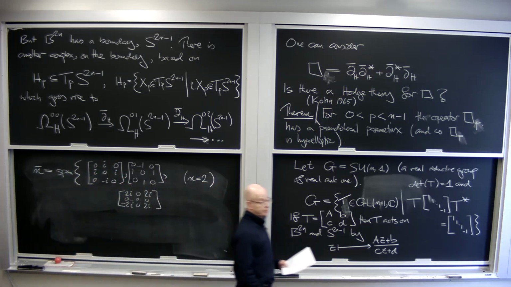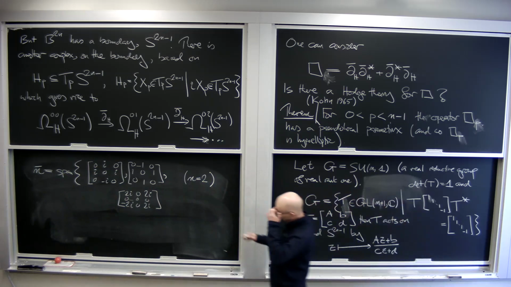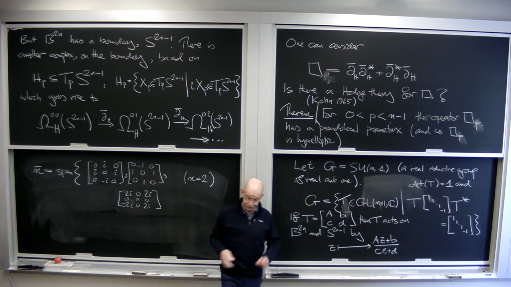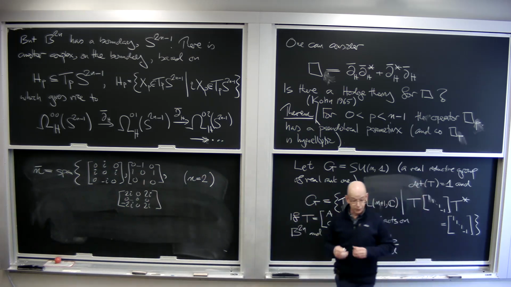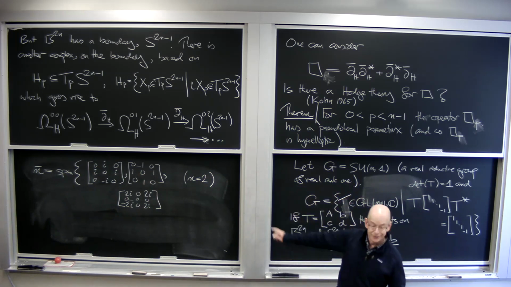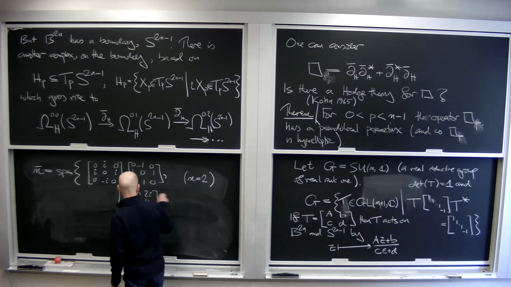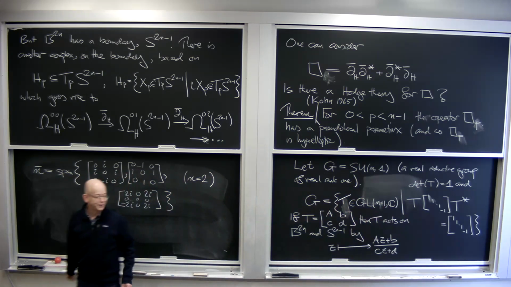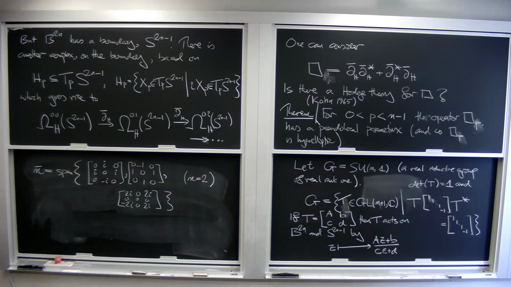You think of these as block matrices with a 2x2 block down the diagonal and a 1x1 block. And what you write on the diagonal blocks always has to be skew adjoint. That follows from the definition here. But what you write in the off-diagonal blocks always has to be self-adjoint. So that's a clue. It tells you when you made some horrible mistake, which I made many times until I came up with this, and then I stopped. I mean, the matrices had the right form, so I stopped multiplying 3x3 matrices together.